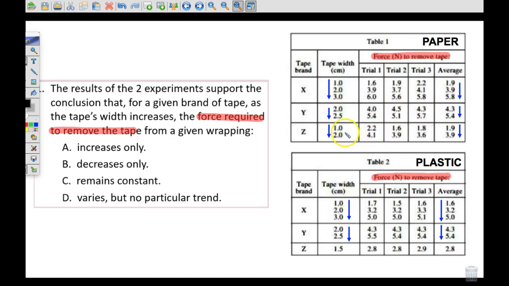This pattern is seen for all brands of tape at all widths, except for table 2, for tape brand Z, because there's only one trial, so we can't really tell anything with that. But because the other 5 comparisons support this claim, we can say that the force required increases only, so the answer to number 1 is A.